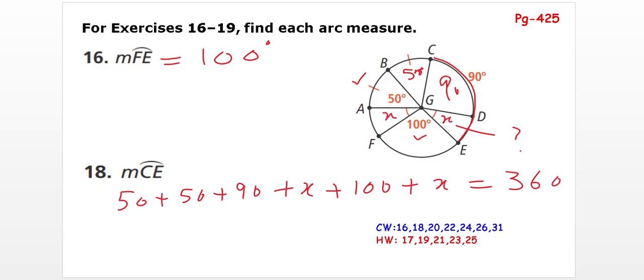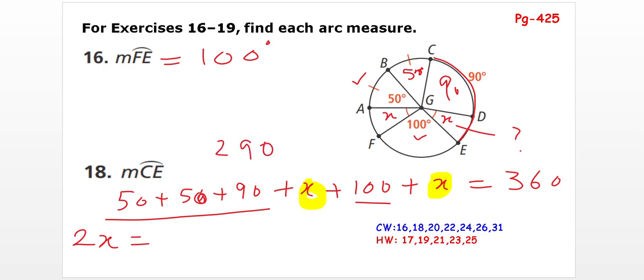Now keep this X and this X on the left side, so it will be X plus X, 2X. And if you add all these numbers together, it becomes 290, right? Let me write over here, this is becoming 290. So if you take this 290 to the other side, it will be subtracted from 360.